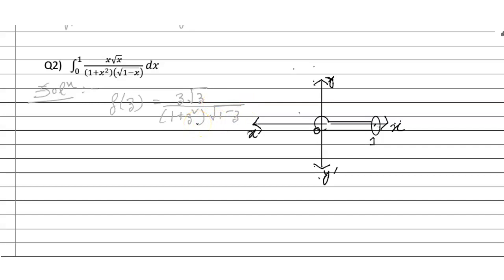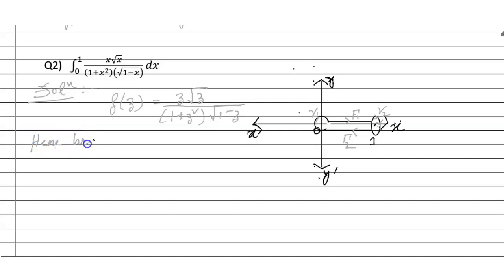Here this is the way it is moving. This is gamma 1, this is gamma 2, and this is gamma 1 and gamma 2. f(z).